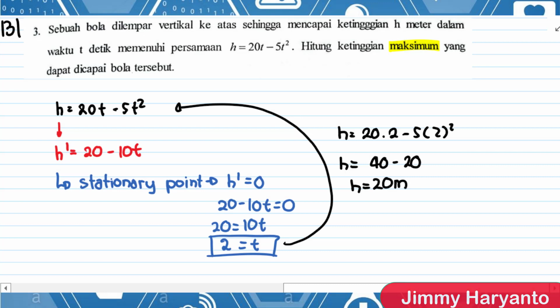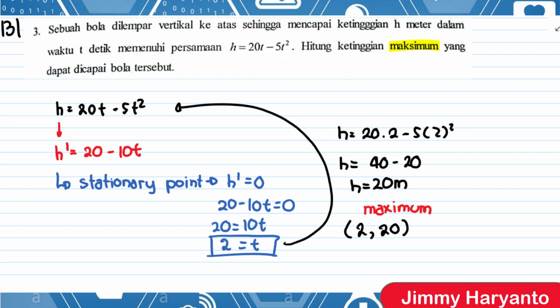Okay. Now our point is complete. We already have (2, 20) for the stationary point. And because the question only asks you for the ketinggian maksimum, and we only have 1 point right here, we can assume that this point will be maximum. It must be the maximum point because the question already said that the answer will be the maximum point, yeah.